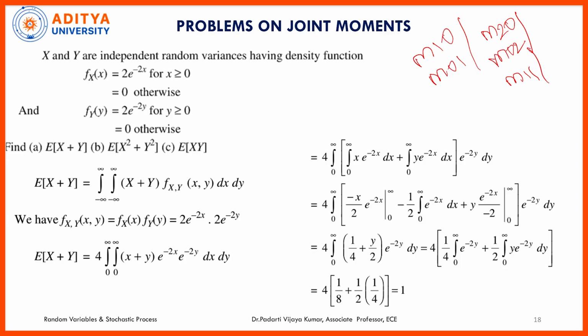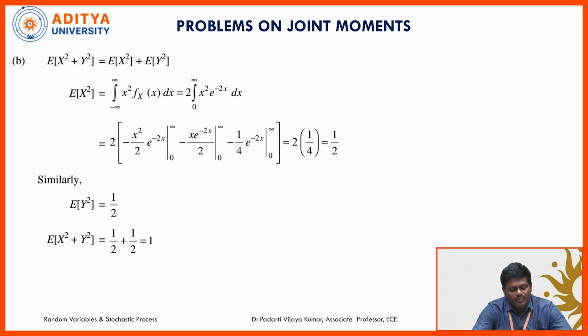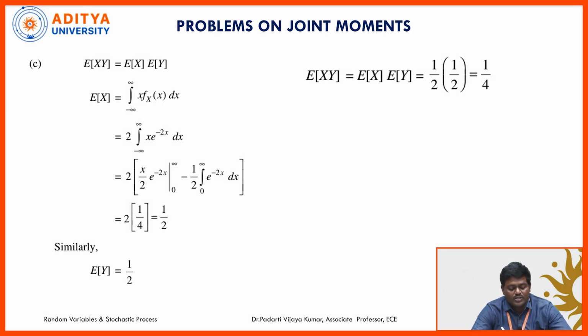They are asking us to compute the first moments and all possible second order moments. So, based on the formula, first we compute expectation of x square, similarly expectation of y square, and the expectation of x square plus y square, we will get 1.